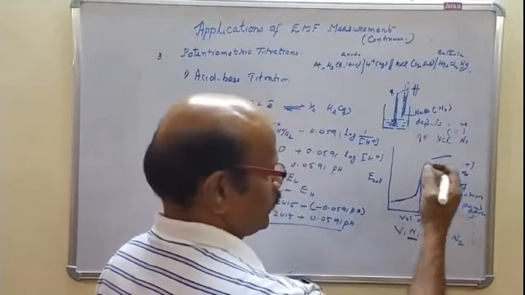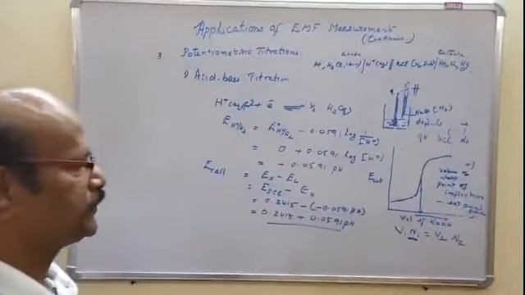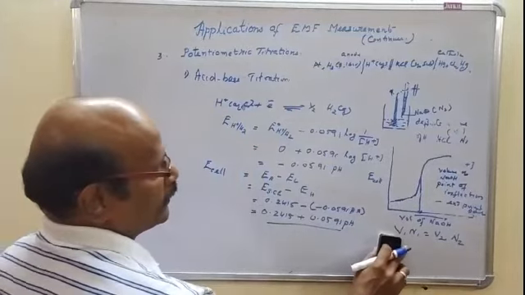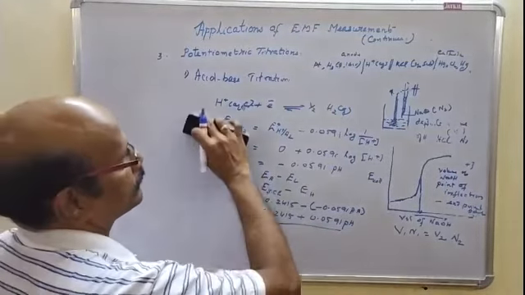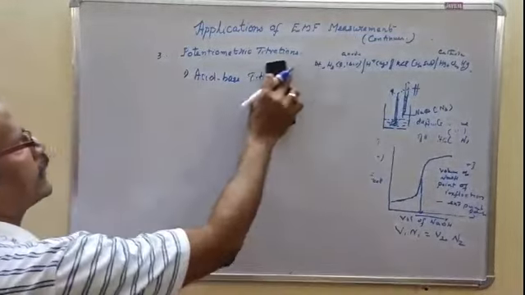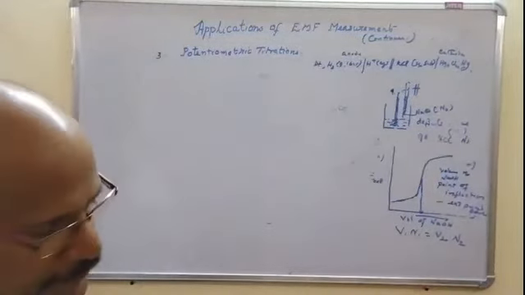The volume of alkali corresponding to that point of inflection gives the end point. Then, with this equation, we can find the strength of one of the solutions by knowing the other three factors. So usually this is employed for acid-base titration. And second is redox titration.